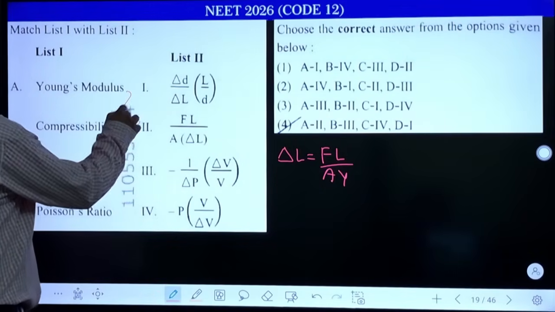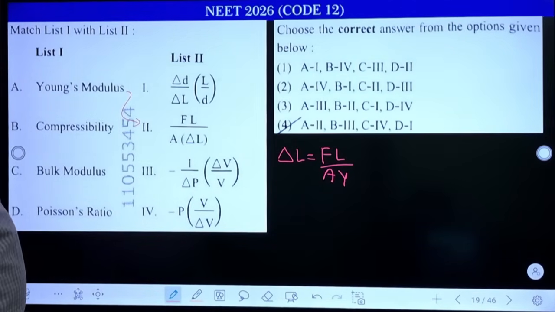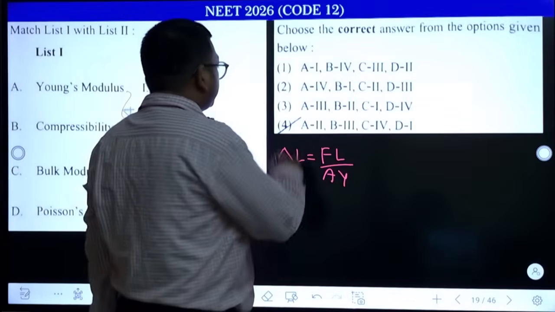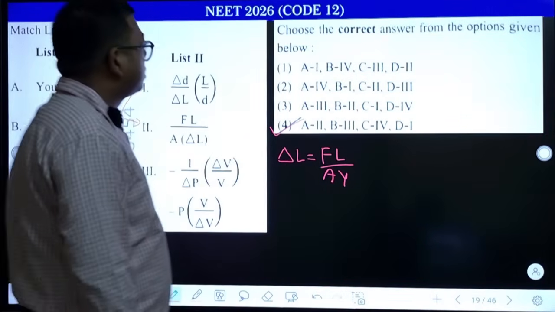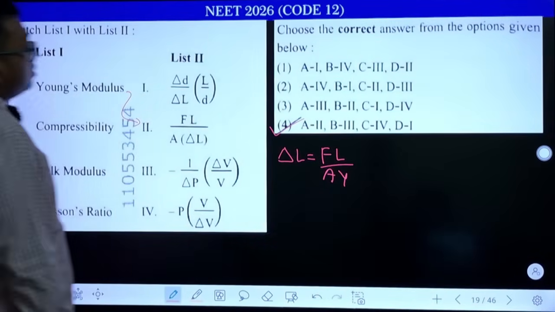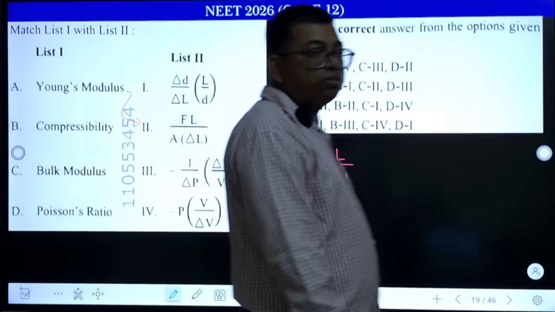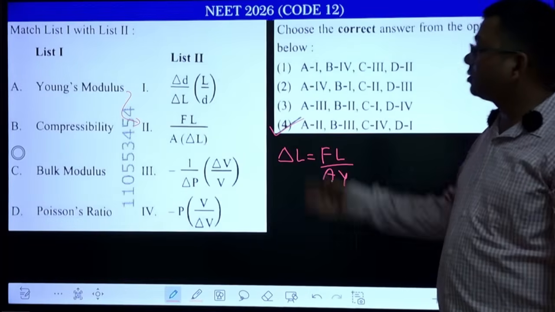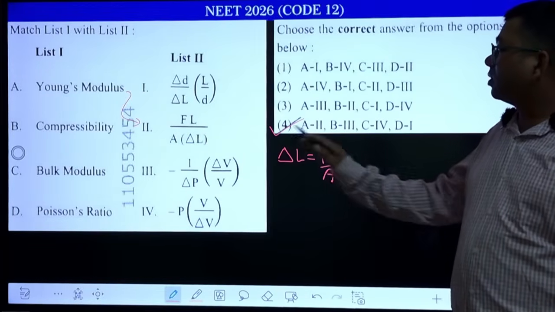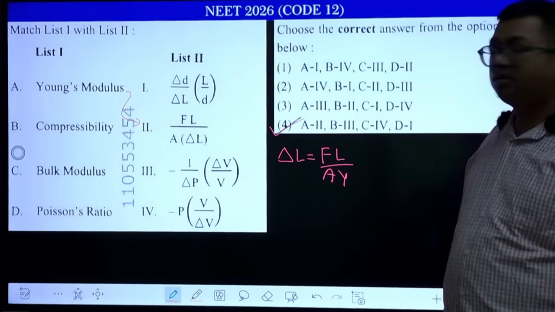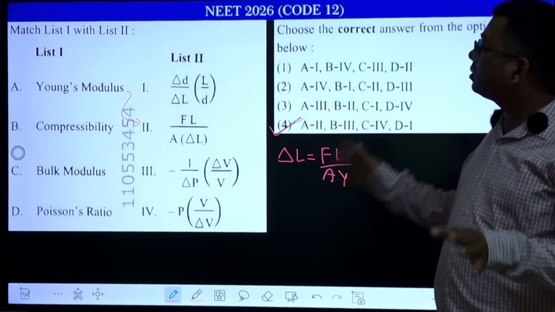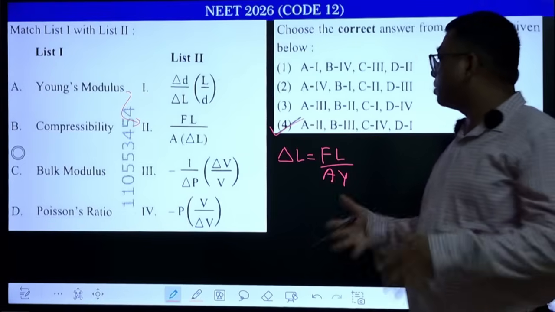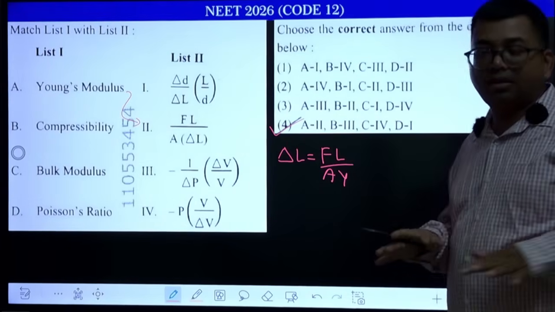So Young's modulus will definitely match with 2. Correct. So A must match with 2. A is matching only in this first case. That means they didn't want you to investigate more in this. If you want, you can spend time also, but Young's modulus you got it, right? You don't have to waste time here. You can move forward. Assume that others are correct.